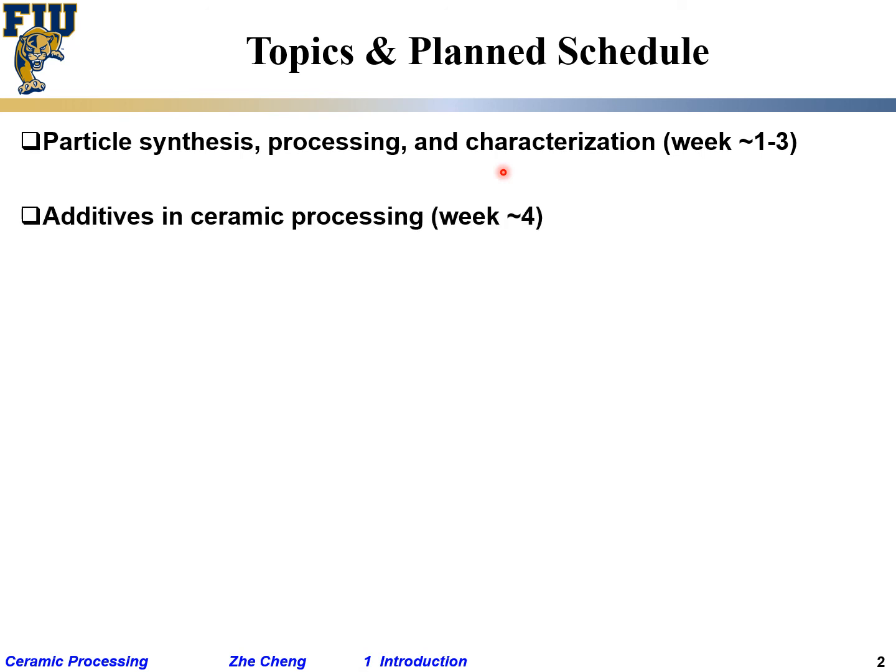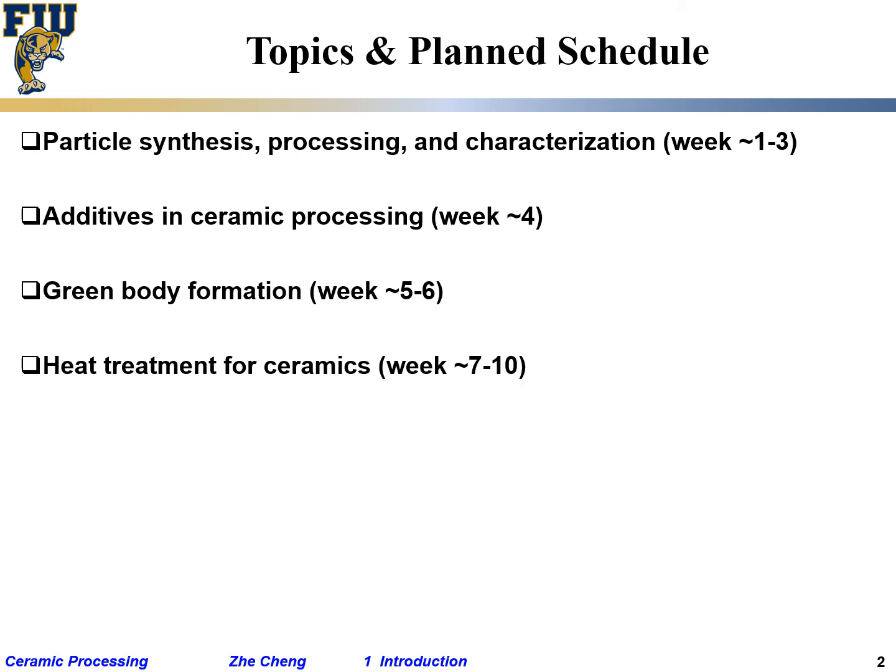Okay? And then additives in ceramics processing. We'll talk about other than the inorganic ceramic part, people quite often add additives, most likely polymers, into it to help the processing. We'll talk about them. Green body formation, pressing pellet, that's the simplest one. And if time allows, we may talk about slip casting and other liquid processing. Okay?